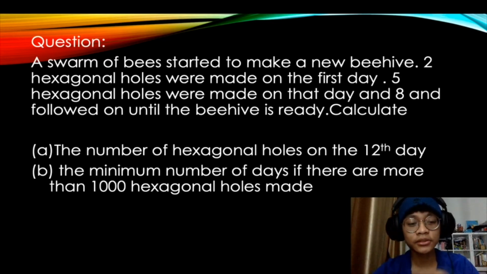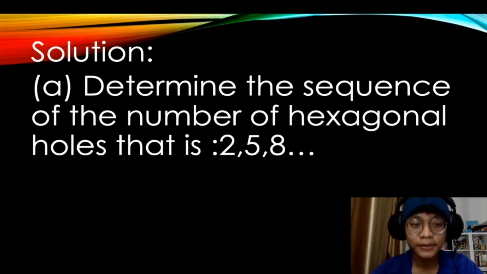Okay, first question, it wants the number of hexagonal holes on the 12th day. Then the second question wants the minimum number of days if there are more than 1000 hexagonal holes made. Let's solve it. Solution first. Determine the sequence of the number of hexagonals, that is 2 and then 5 and then 8 and so on and so forth.